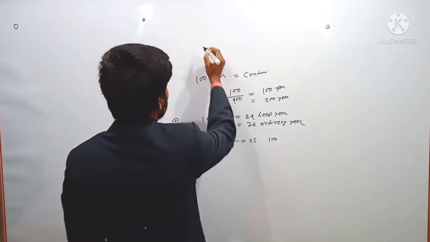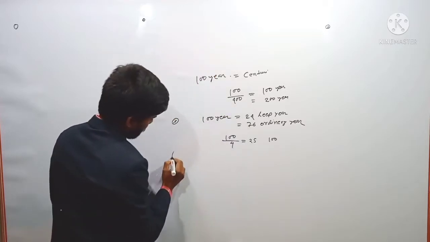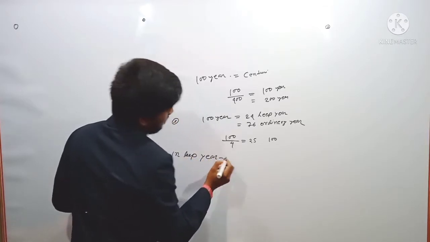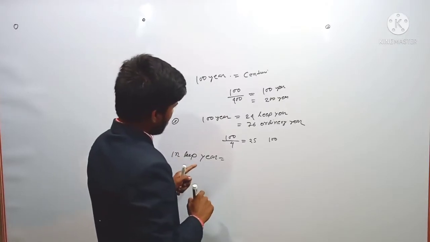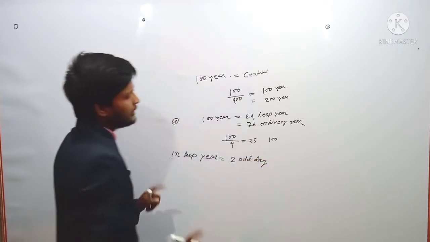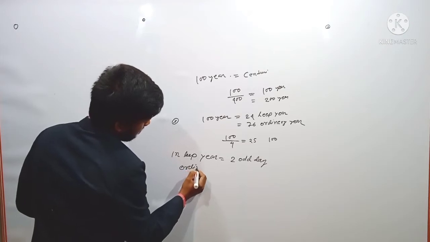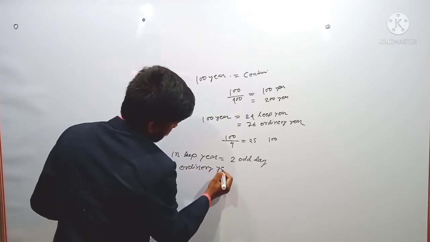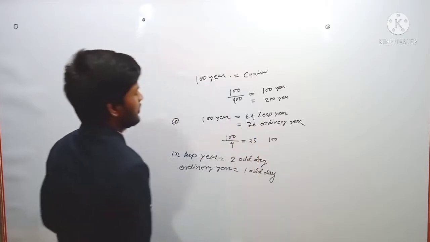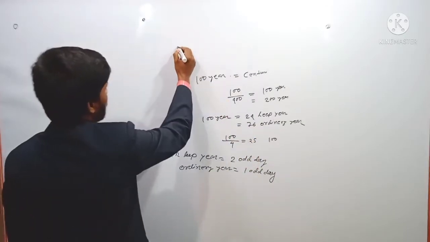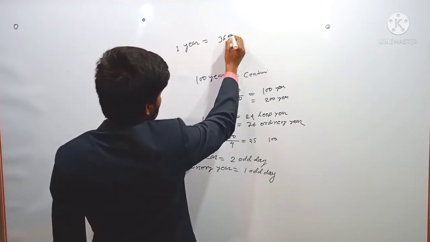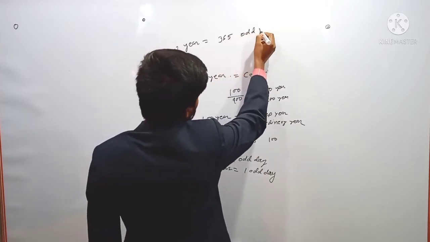So in a leap year, there are 2 odd days, and in an ordinary year, there is 1 odd day. Because in 1 year, there are 365 days.